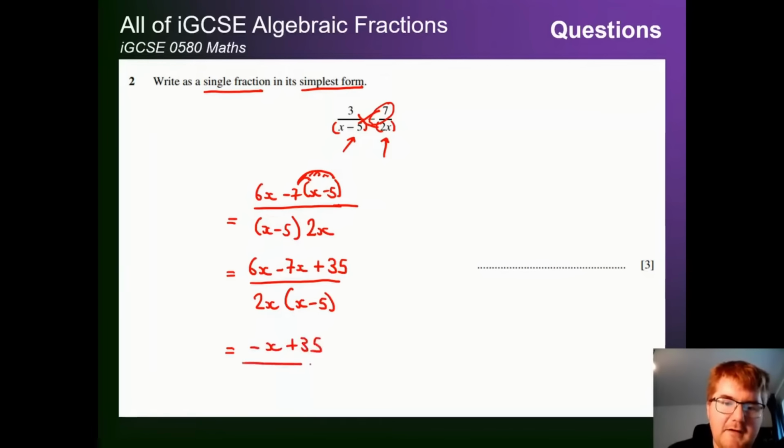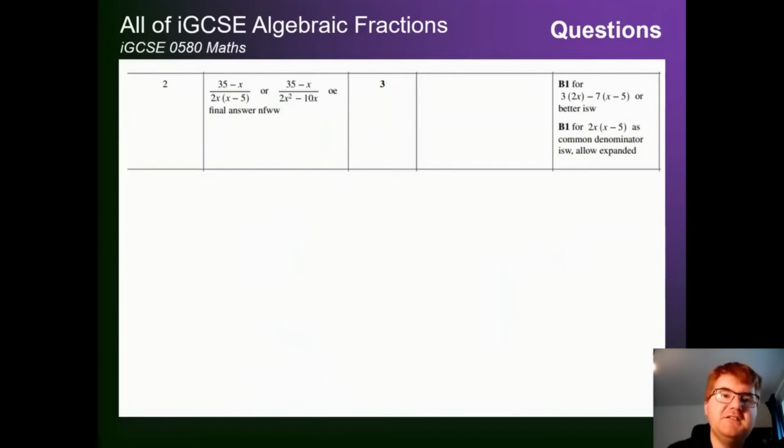You could and would still get all the marks, but I prefer to leave it in this factorized form because it is its simplest form essentially, and leave it like this to get me all 3 marks. Again, notice in the mark scheme, you can also put it the other way round. Again, this is maybe a little bit more tidy. Notice minus x plus 35 is exactly the same thing.